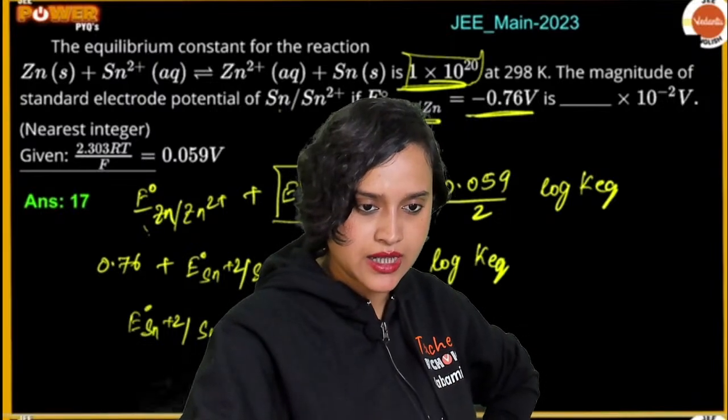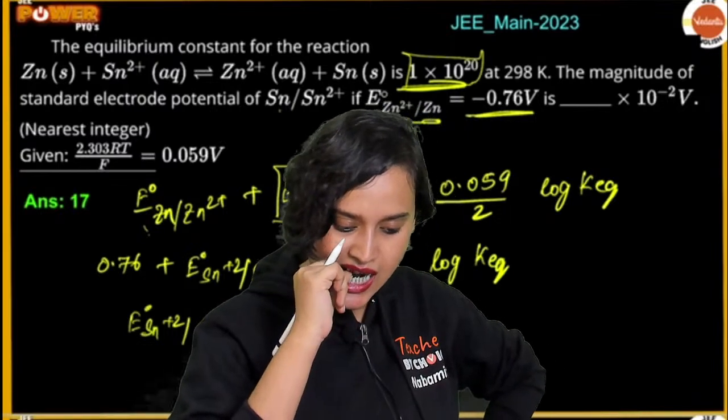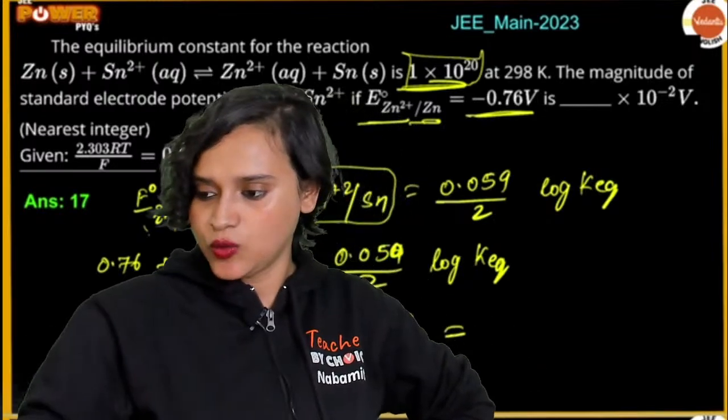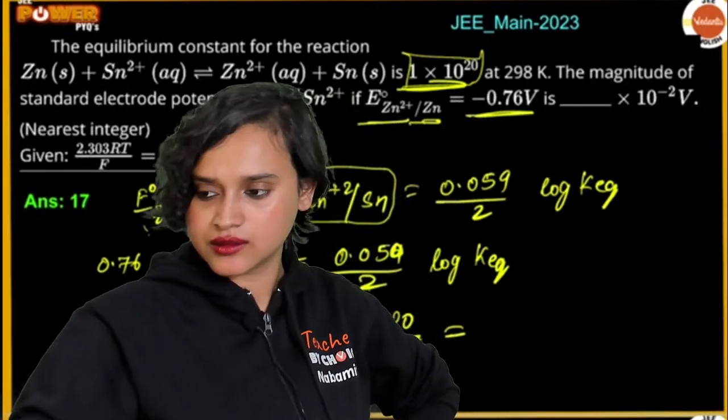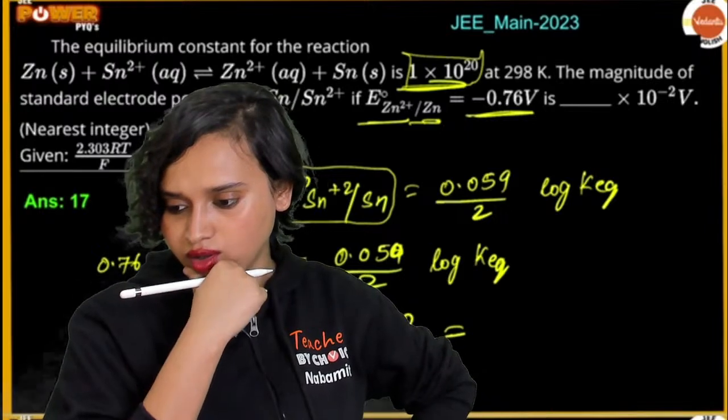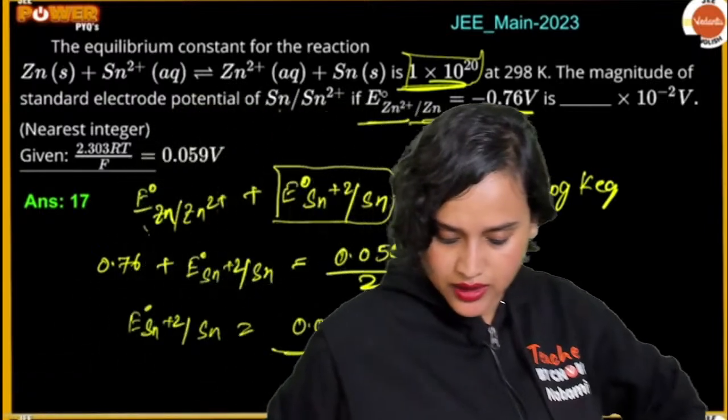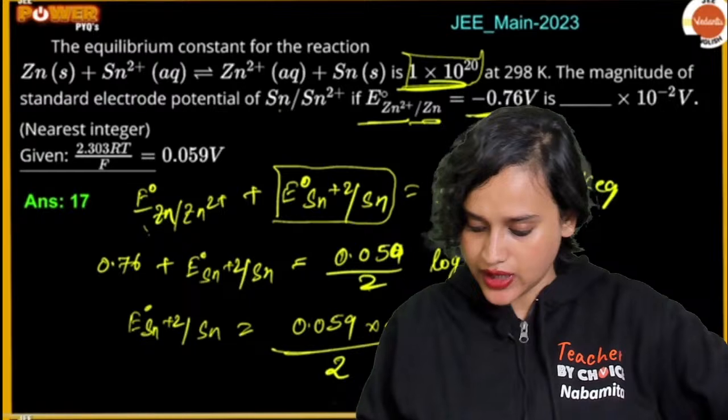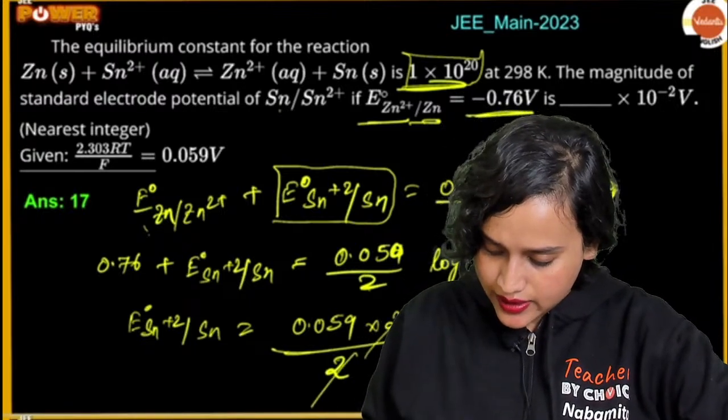Have you made any mistake? What is the answer, guys? It should be 0.17. 2 cancels here, 10 here.